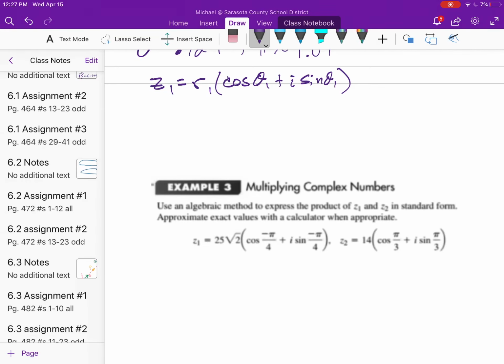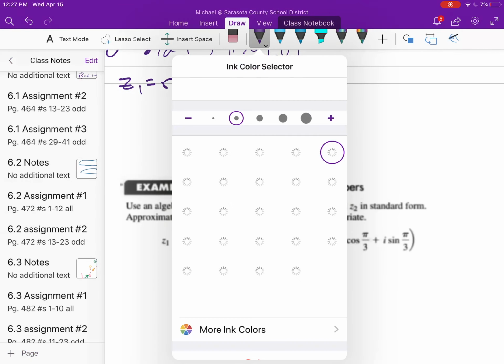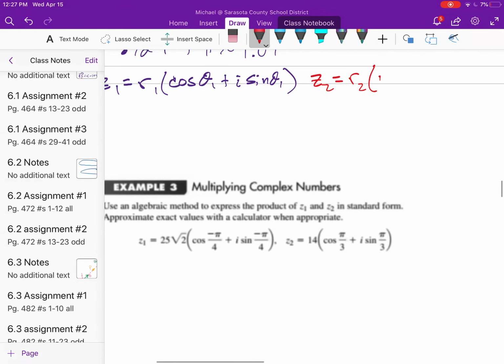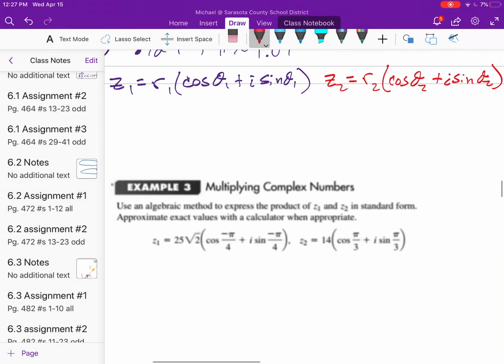And if I have a second complex number, we would call that one r sub 2 cosine theta 2 plus i sine of theta 2.